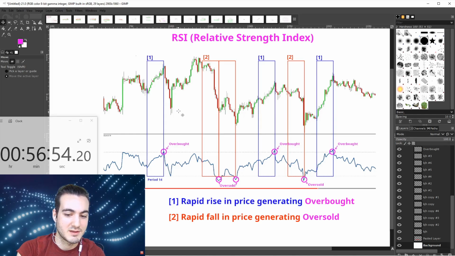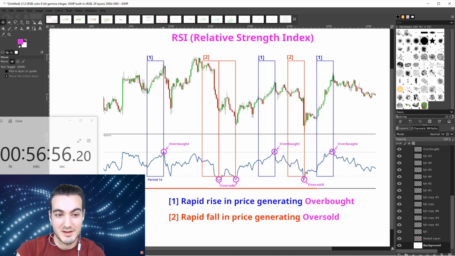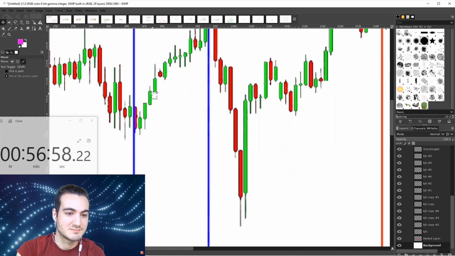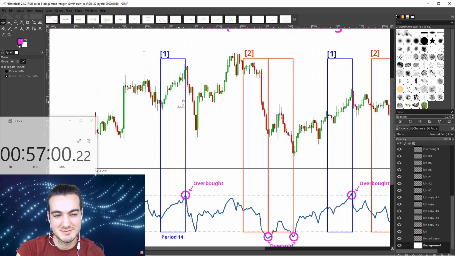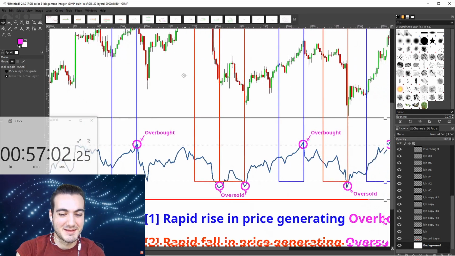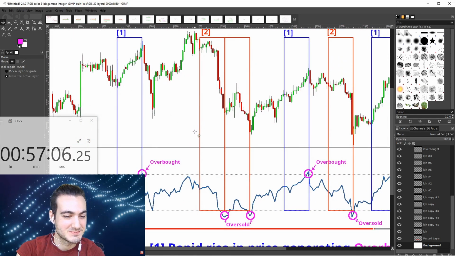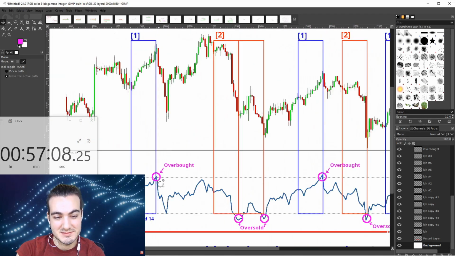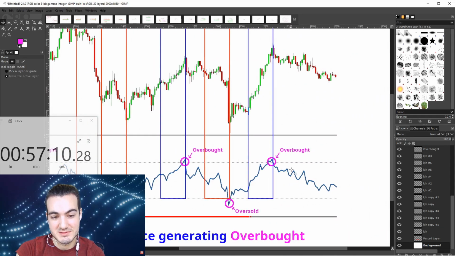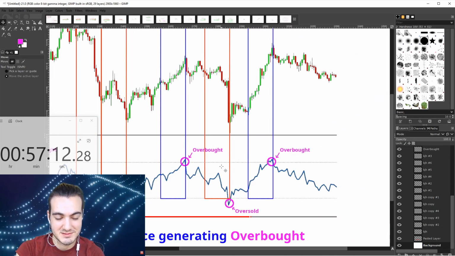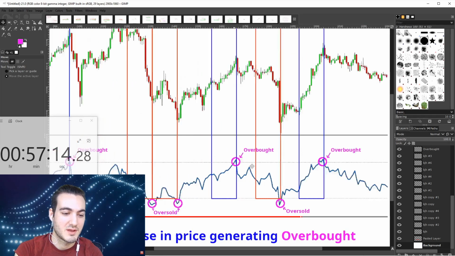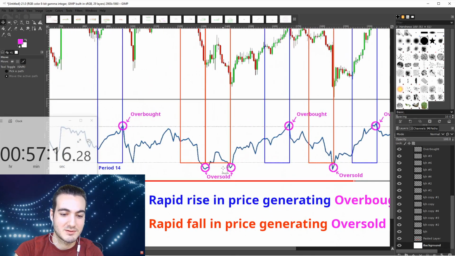Above 1 if price rises more than it falls on average, and a value below 1 if it doesn't. And once it's normalized, bounded between 0 and 100, it can generate overbought and oversold signals.